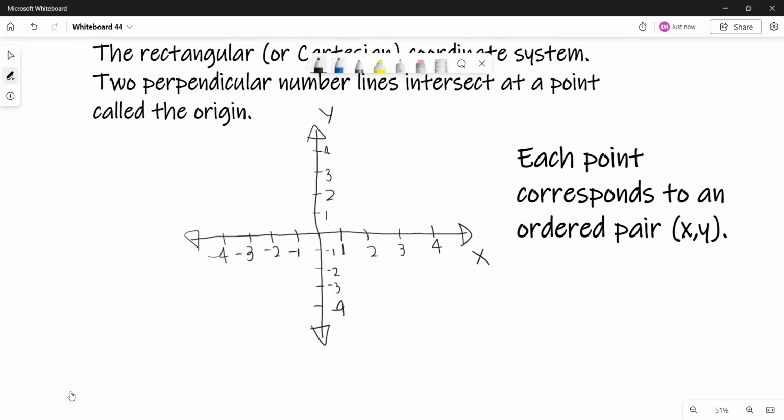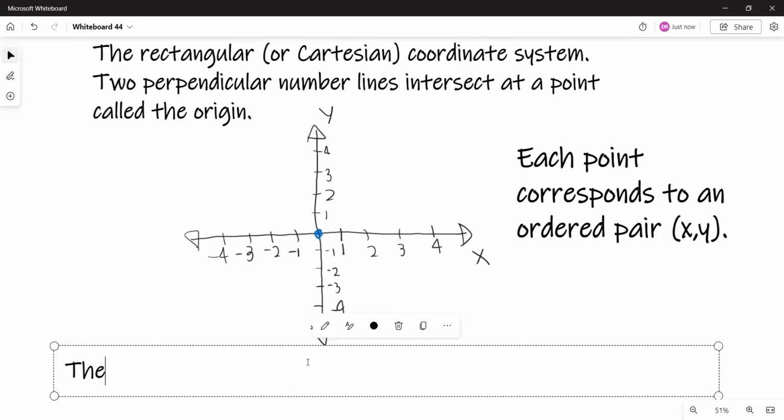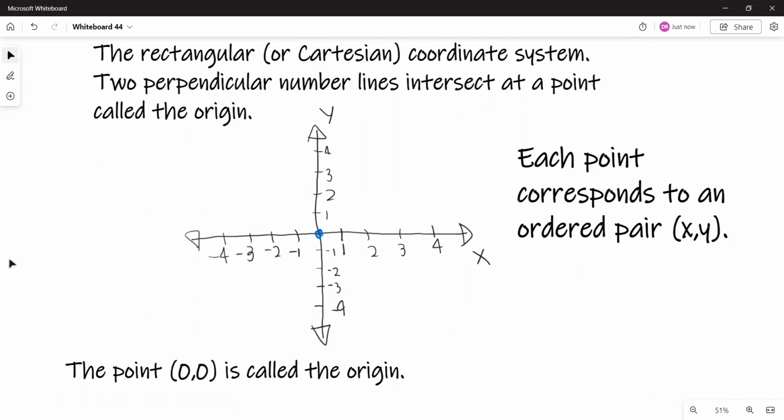So they intersect at the point 0, 0, and the point 0, 0 is called the origin. That's going to be this point here in blue.